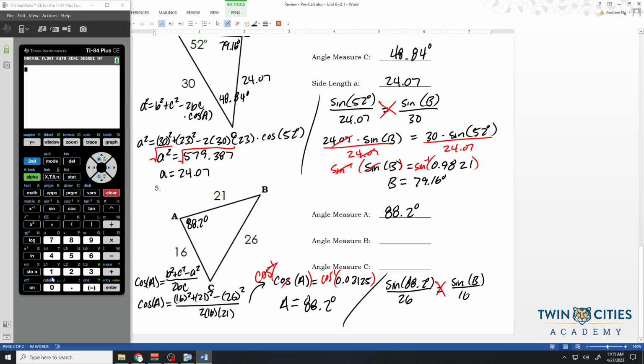I know I'm going to do this part. So 16 times the sine of 88.2, and then I'll be dividing by the 26. All right, so I've got sine of B is equal to 0.615.